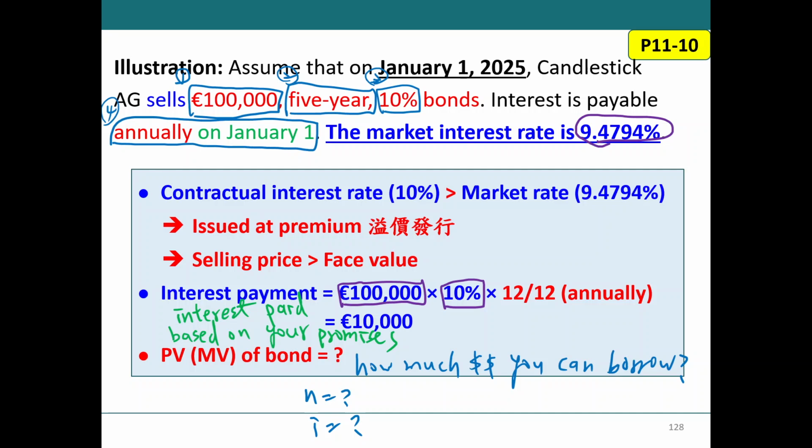How many years? 5 years. So what's N? 5. What's I? Market interest rate, right? So market interest rate is 9.4794%. So after you understand what's N, what's I, then you can use accounting table, use formula, either way, okay? So after that, how much money you can borrow?